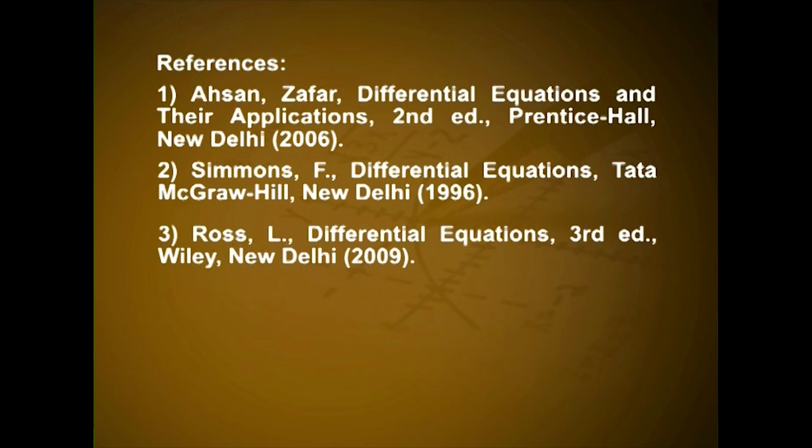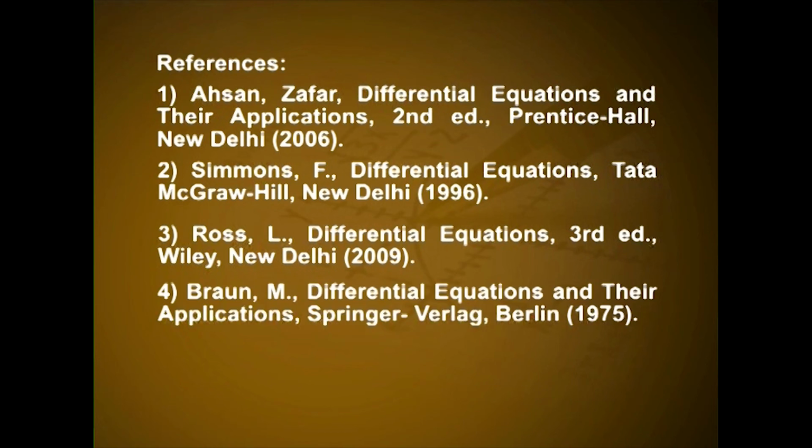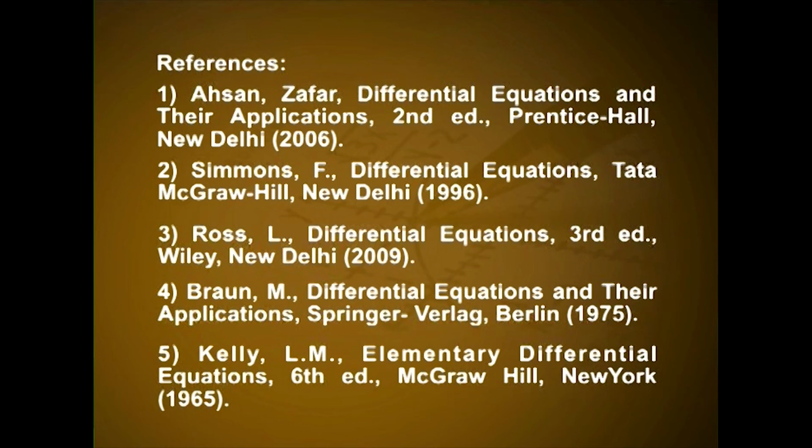Differential Equations, third edition by S. L. Ross, Wiley Publishers, New Delhi, 2009. Differential Equations and Their Applications by M. Braun, Springer Verlag, Berlin, 1975. Elementary Differential Equations, 6th edition by L. M. Kells, McGraw-Hill, New York, 1965.